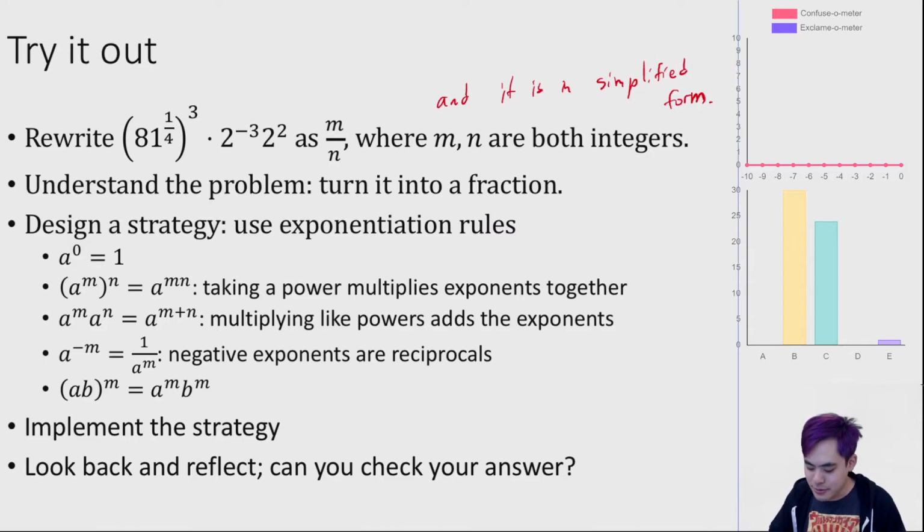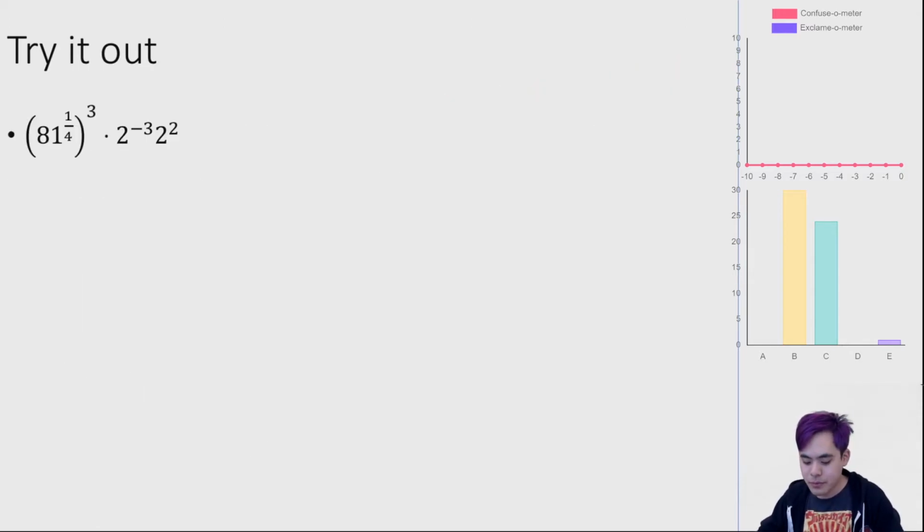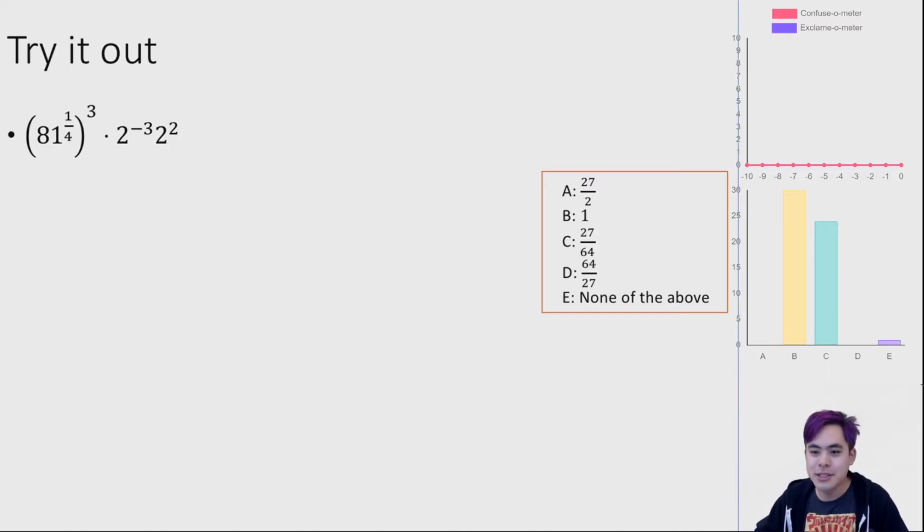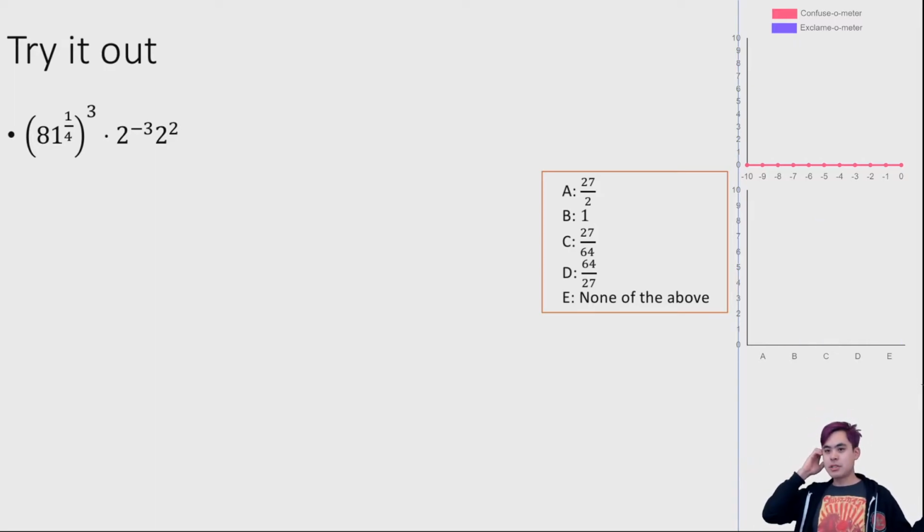Let's try it out. So what is this thing equal to? Oh, let me reset the chat before you start typing stuff in. So we want to convert this thing into a fraction.